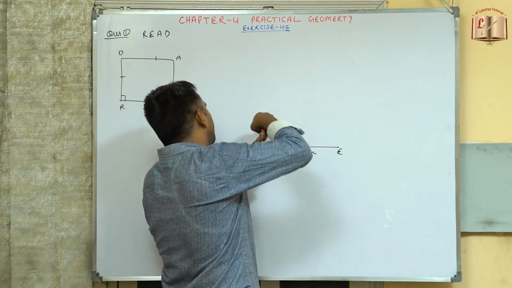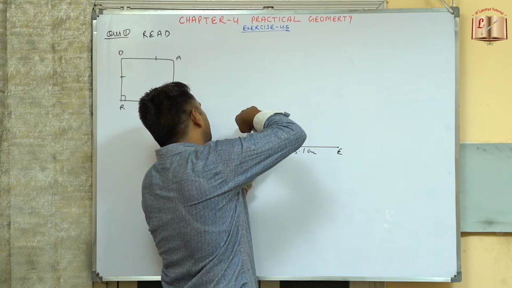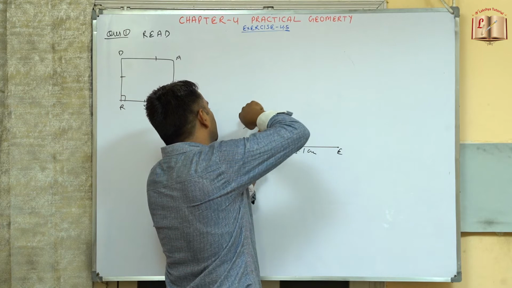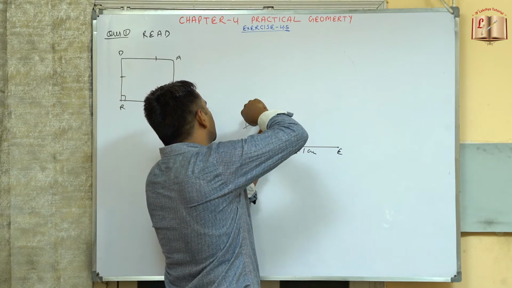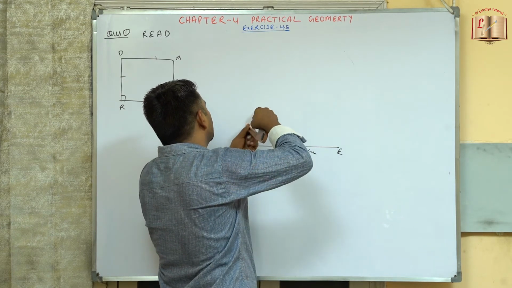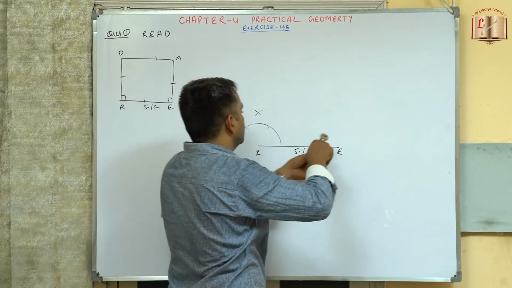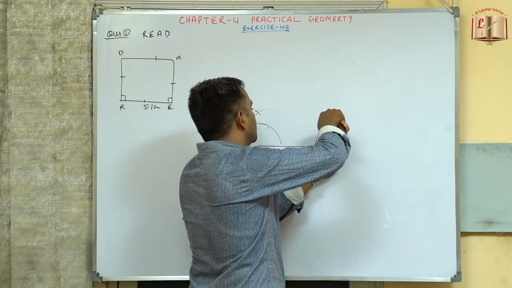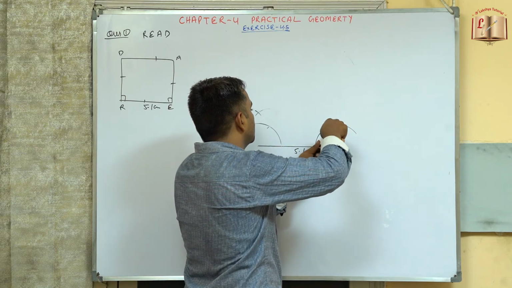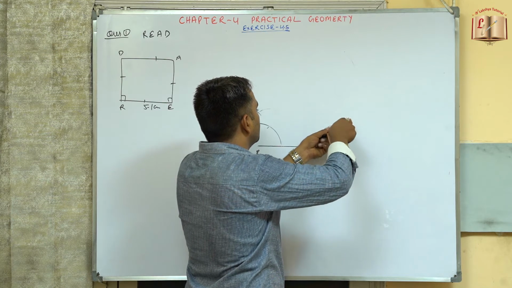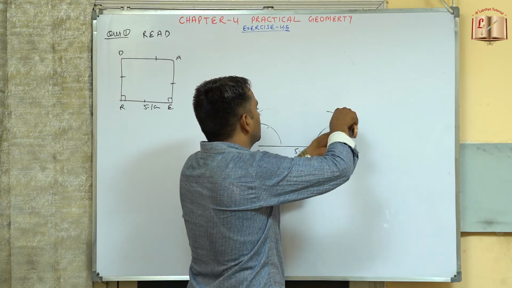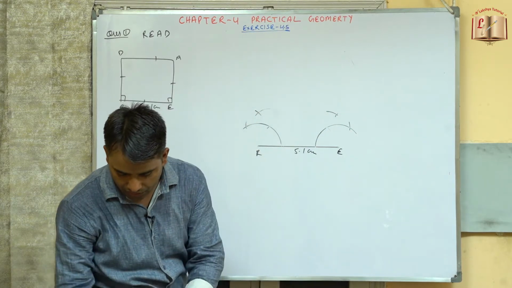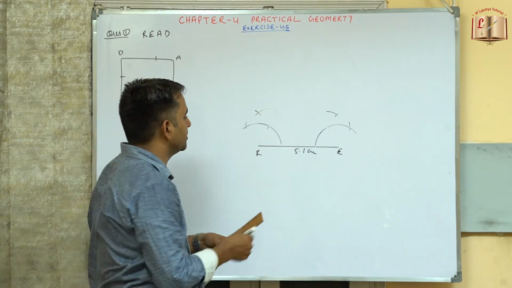So draw the angles of 90 degree now. So we will join this intersection of the arcs now.